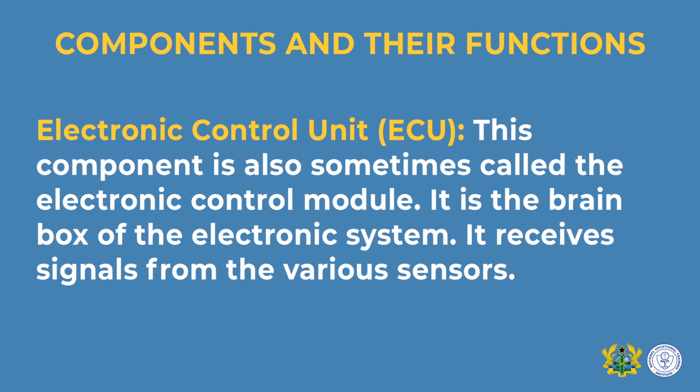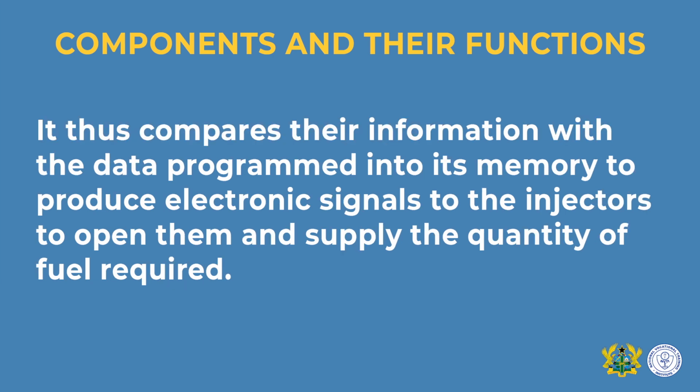It uses microchips, and it is programmed to receive signals from the input sensors and translate those signals into electrical information, and therefore instruct the injectors on the amount of fuel that is needed according to the information it has received. That is the ECU.